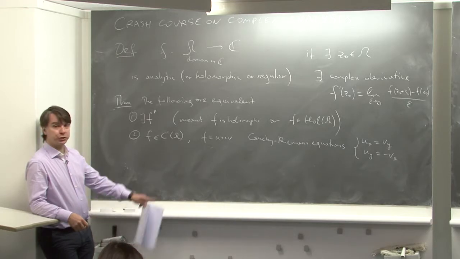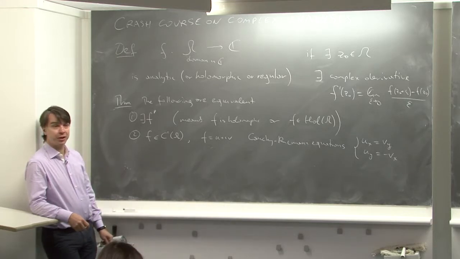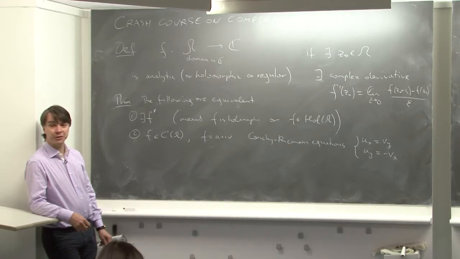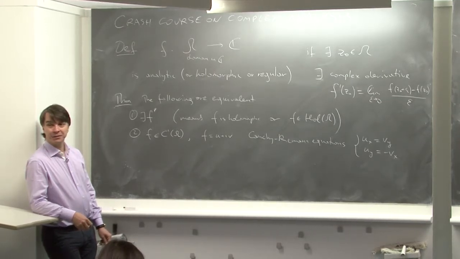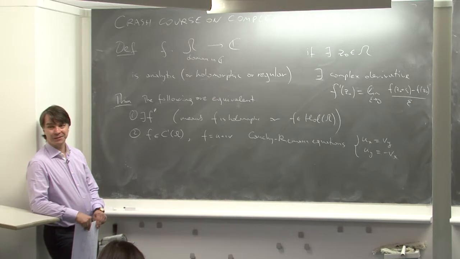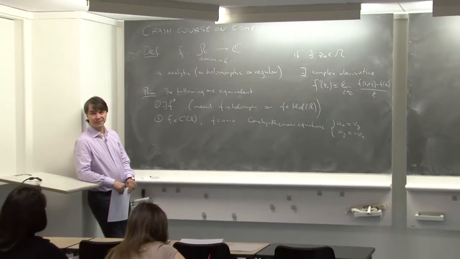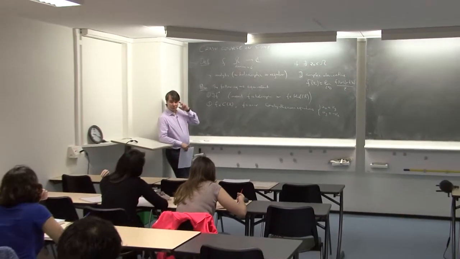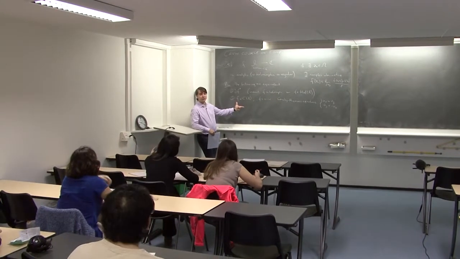So by the way, what happens if I confuse the sign and put the sign in the wrong place? What is the result of this? Anti-holomorphic. Sorry? It will be anti-holomorphic. Yeah, what does it mean, anti-holomorphic? Well, the correct thing is that we change the orientation of the plane.